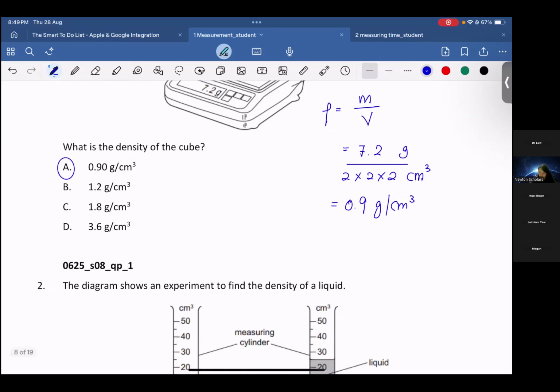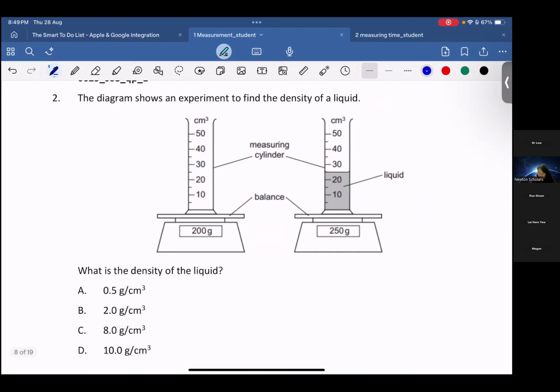Next question, boys and girls, I want you to do the calculation to find the density of this liquid. What is the density of this liquid? Do it.